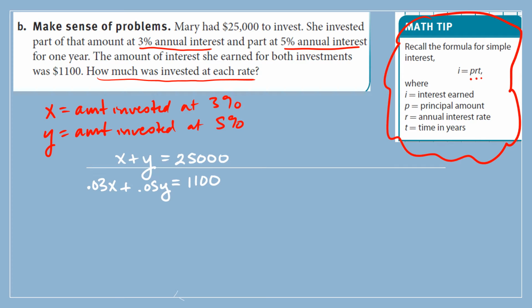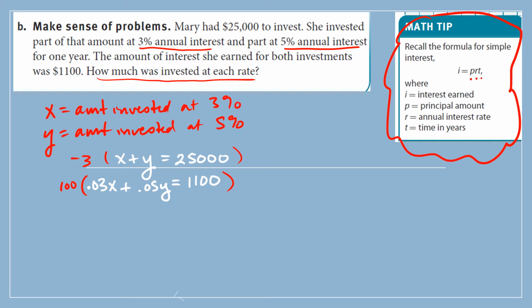So let's see, we could choose to eliminate either variable. I think I'll go to eliminate my x's. So I'll multiply the top by negative 3, so that'll turn into negative 3x, and I'll do my bottom times 100, so that'll turn into 3x.